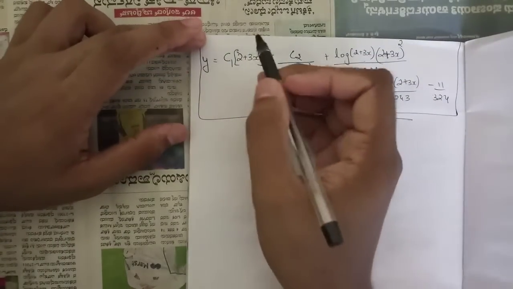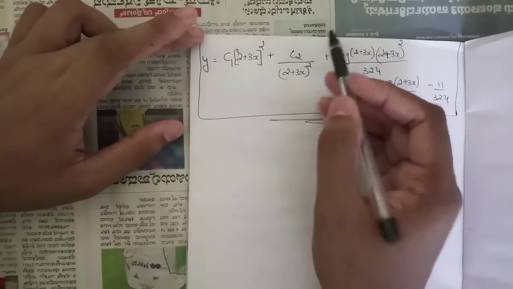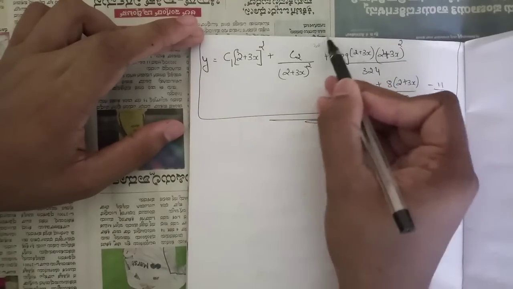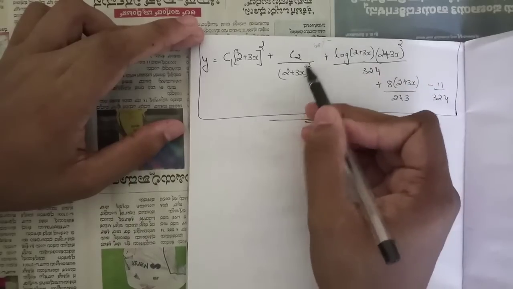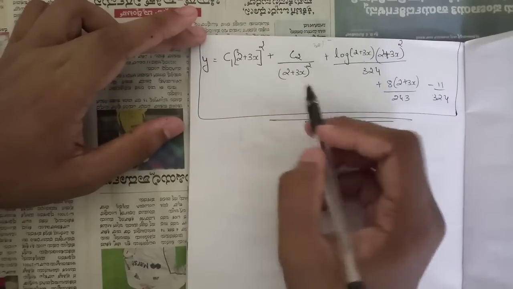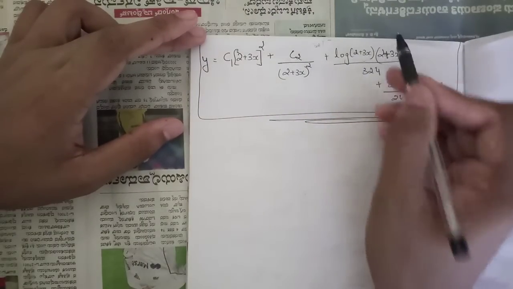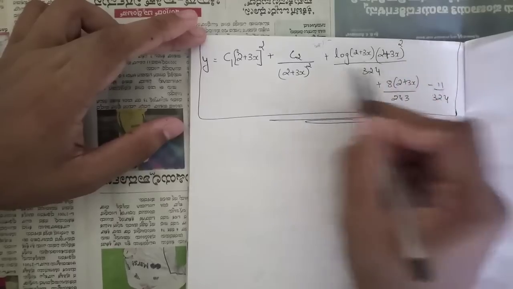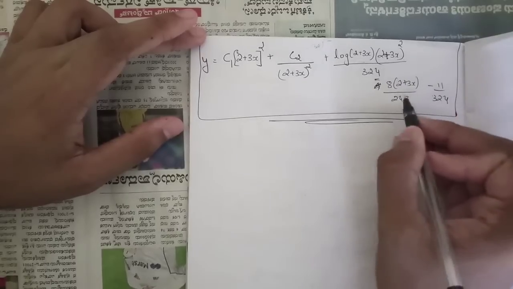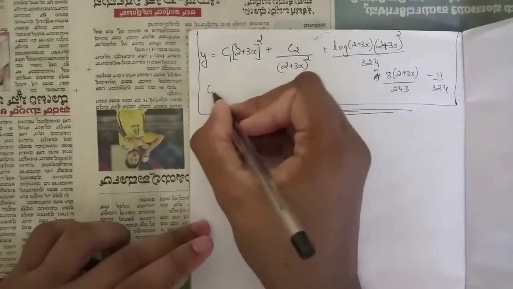This term remains 2 plus 3x the whole square, and here again e and log go, but we had 2 plus 3x to the power minus 2. Since minus 2 is there, I brought it to the denominator, so it becomes plus 2, that is 2 plus 3x the whole square, c2 divided by 2 plus 3x whole square, and plus log of 2 plus 3x into 2 plus 3x whole square by 324, minus 8 into 2 plus 3x by 243 minus 11 by 324. So this is your general solution.